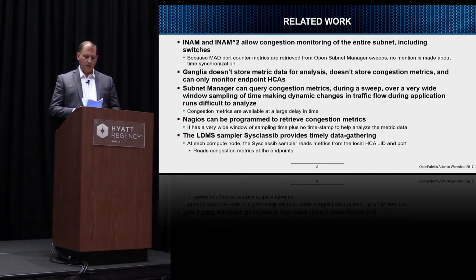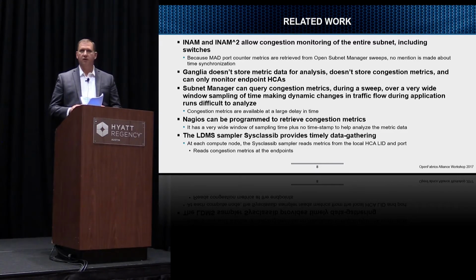For instance, some monitoring systems provide a job-based view. Some have a very wide window of information gathering, and even more importantly to us, if we're trying to match information up from different sources, we want to know when we got that information. So we want a timestamp.